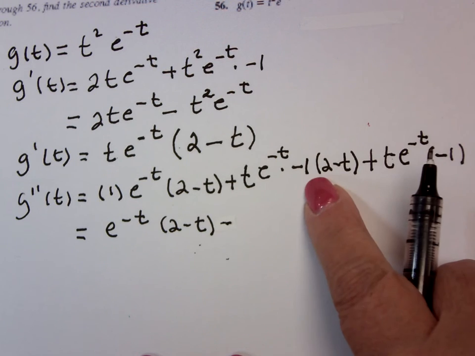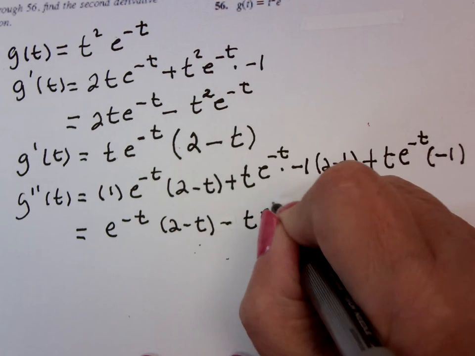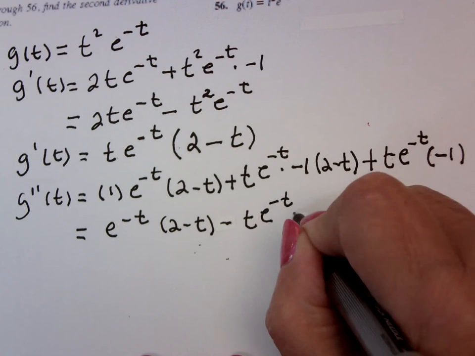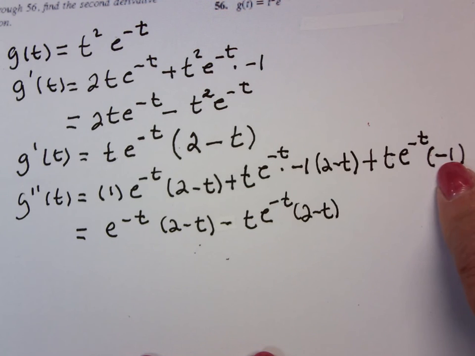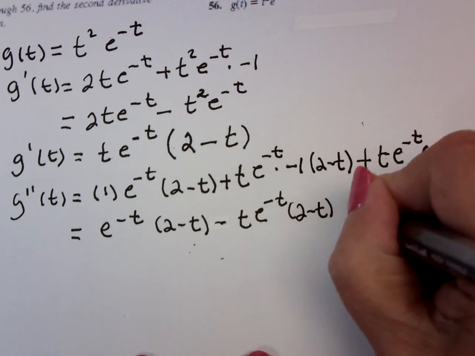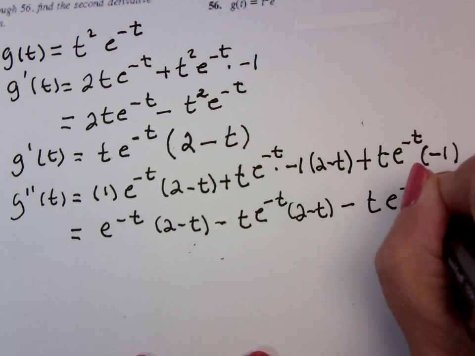Because of this minus 1, times t, e to the minus t, times 2 minus t, minus, because of the minus 1, t, e to the minus t.